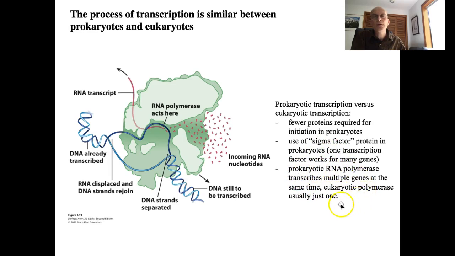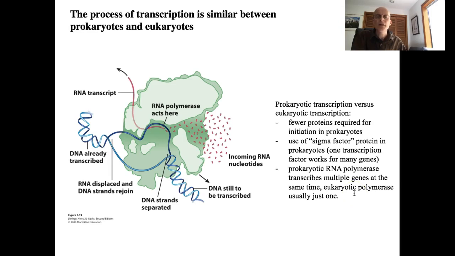And then the prokaryotic RNA polymerase transcribes multiple genes at the same time. Say a certain process needs to happen, maybe metabolism of a certain sugar that suddenly is around, and the bacterium sees that this sugar is around. So now it needs to break it down, it needs to cut it into pieces, it needs to make all kinds of smaller bits out of this sugar in order to metabolize it. And so multiple genes are necessary.